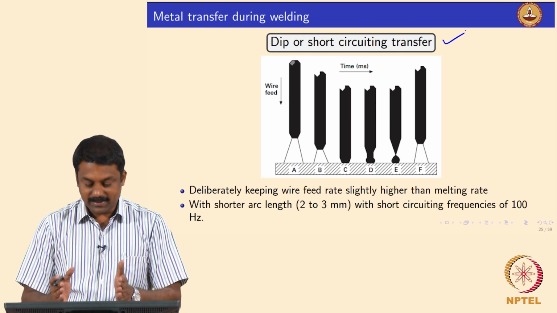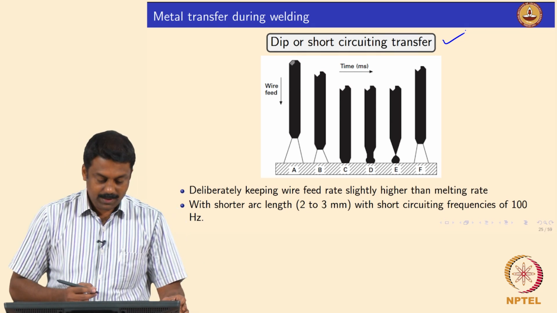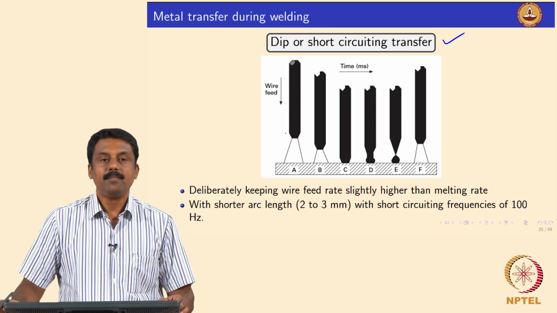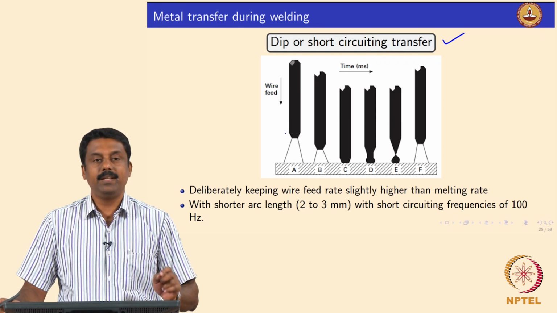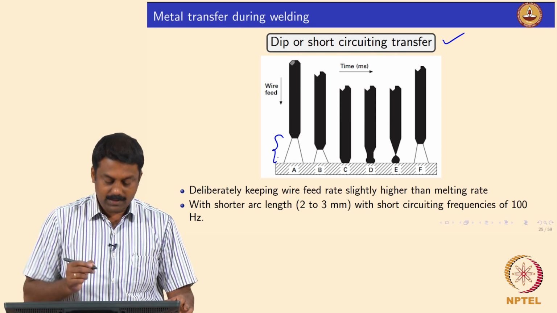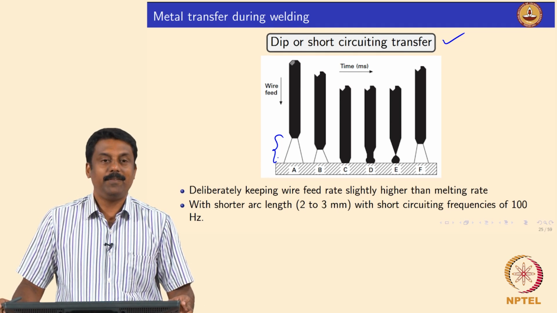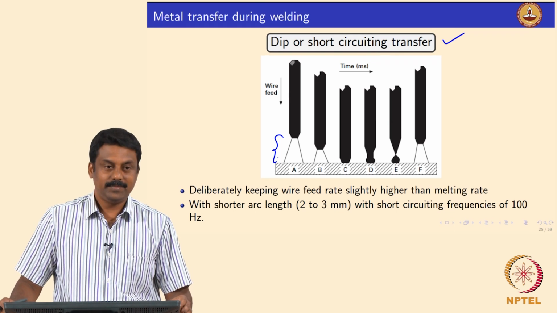Okay. So, one example schematic I show you here is from Professor John Norrish's book. Basically what we do is, the wire is continuously fed, is not it. If the melting rate is equal to the wire feed rate, what happens to the arc length? If the melting rate is equal to the wire feed rate, arc length becomes constant, is not it.